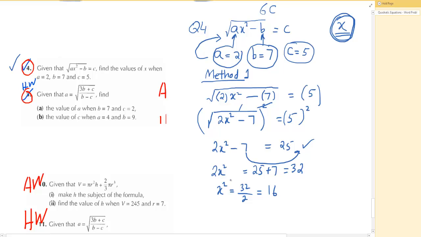Now I will take square root on both sides because I have to remove the square. And students, when we take square root, plus minus comes. So x will be plus minus 4. So we have two answers. One is plus 4 and the second is minus 4.